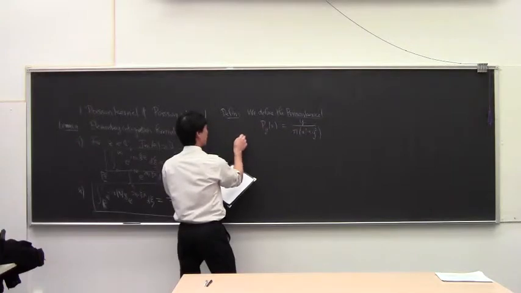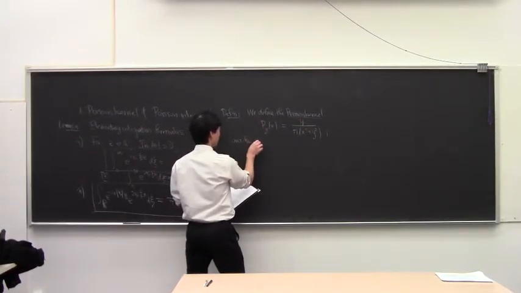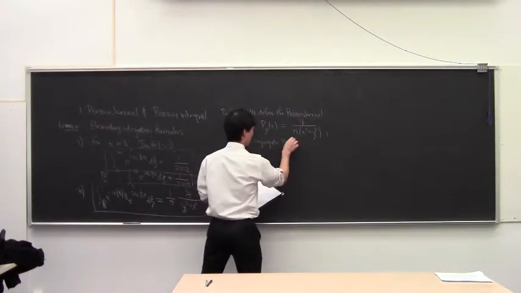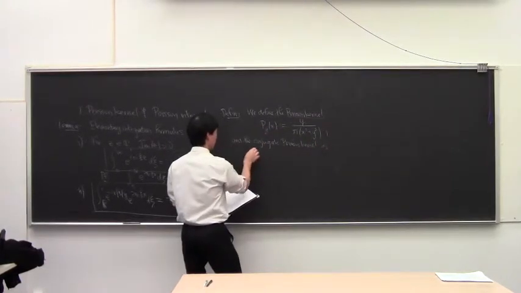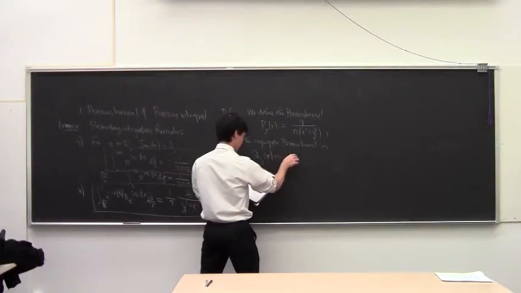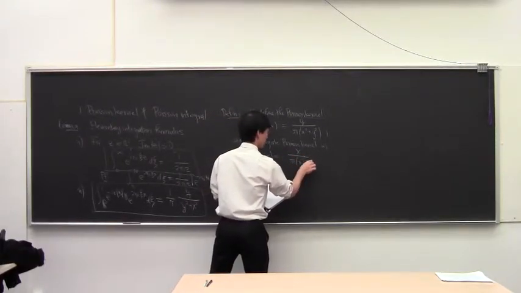And we define the conjugate Poisson kernel Q sub y of x as x over pi times x squared plus y squared.